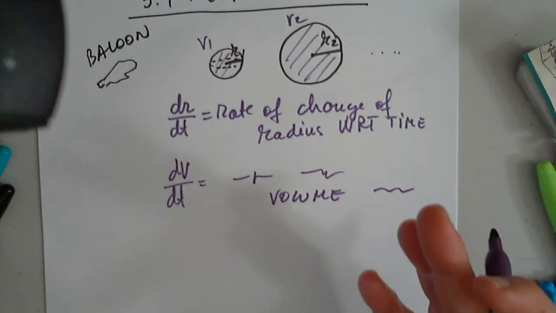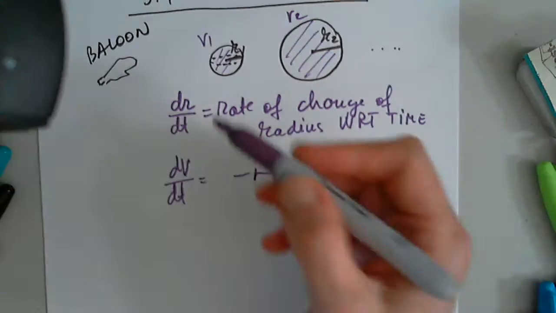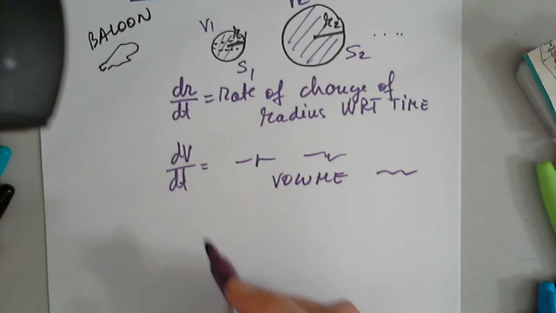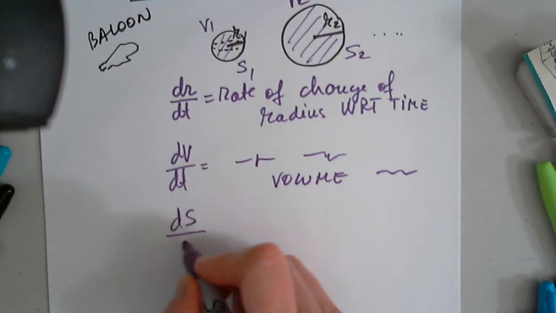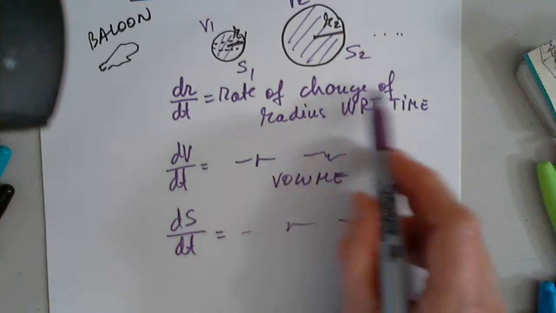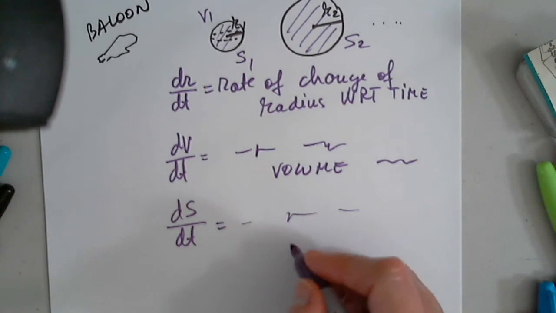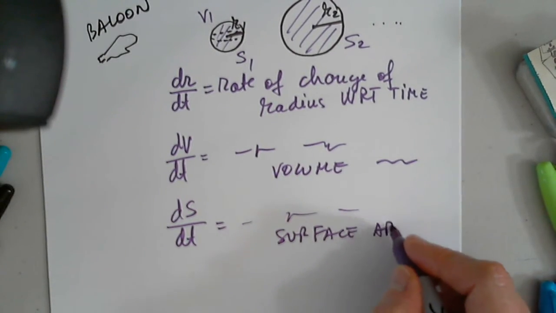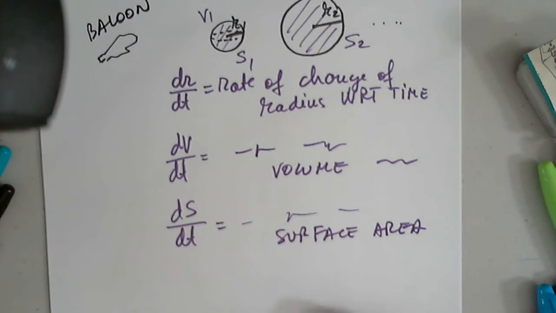You can say there is another one that you can create. Yes, it's the surface area, S1, S2. So yes, dS over dt is another function, everything the same, all those words, but this time it's surface area with respect to time.